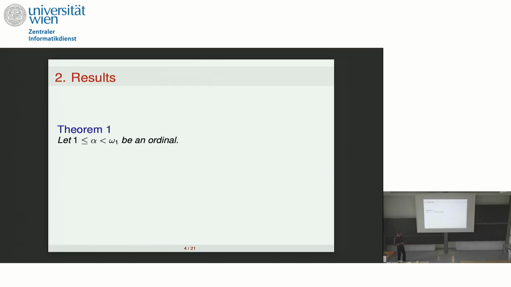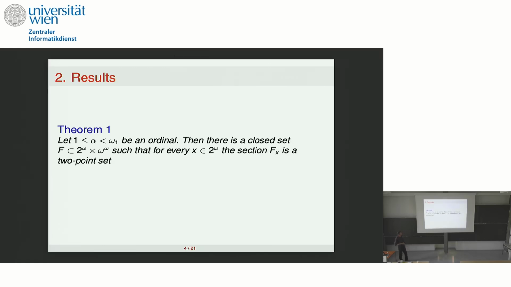Here alpha will be a countable ordinal. The theorem says that for this alpha, one can find a closed set F in the product of the Cantor space and Baire space, such that for every x, the section Fx is in fact a 2-point set. So this is even more restrictive than the assumptions of the Luzin-Novikov theorem.